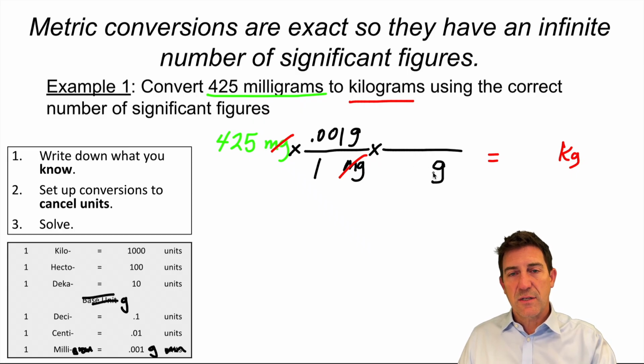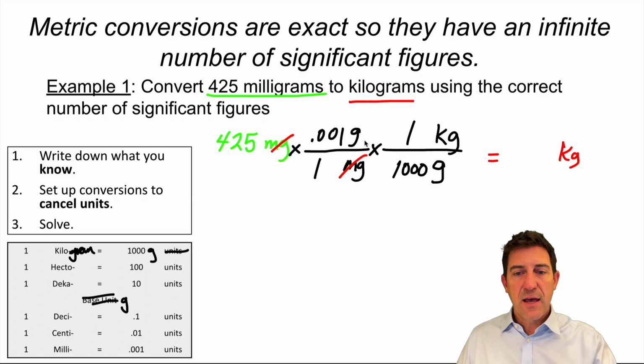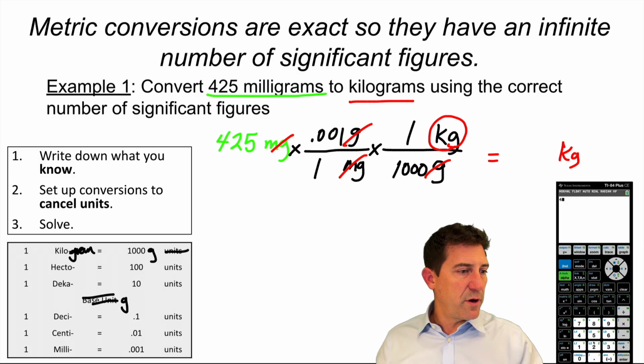Grams. It's on opposite sides of the line, so they will cancel. And I do know that there's a relationship between grams and kilograms. 1 kilogram is equal to 1,000 grams. These units cancel, and kilograms are the only thing I have left.